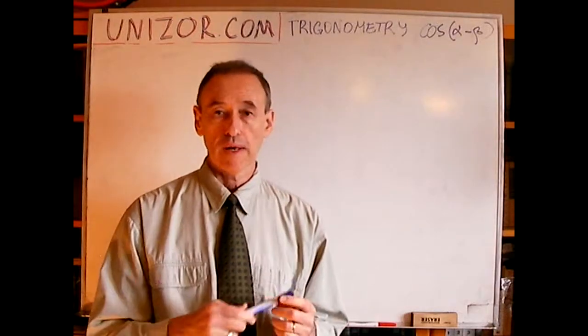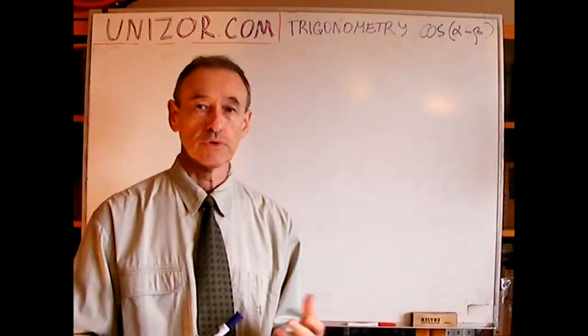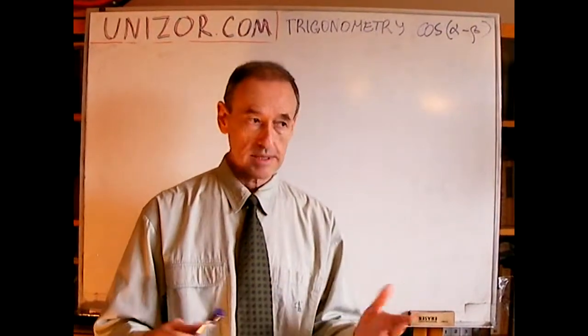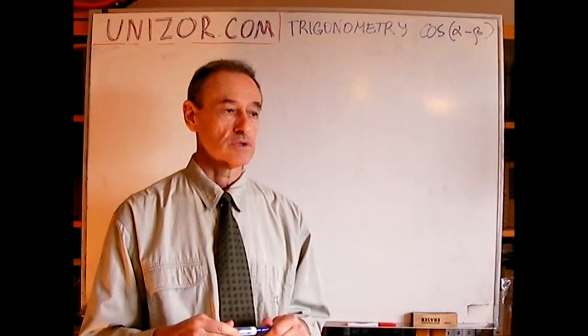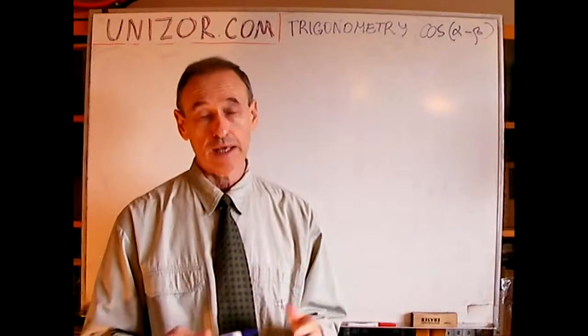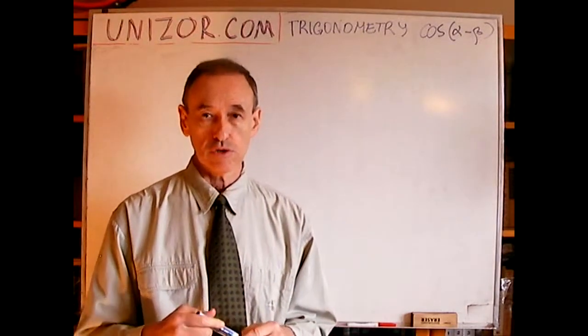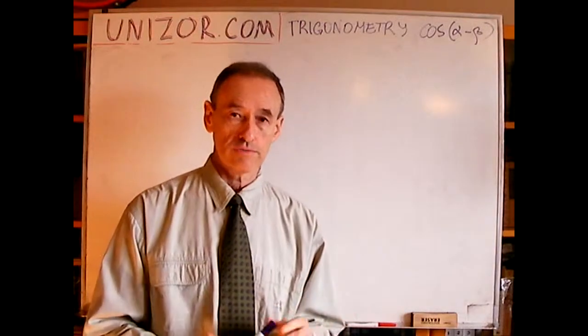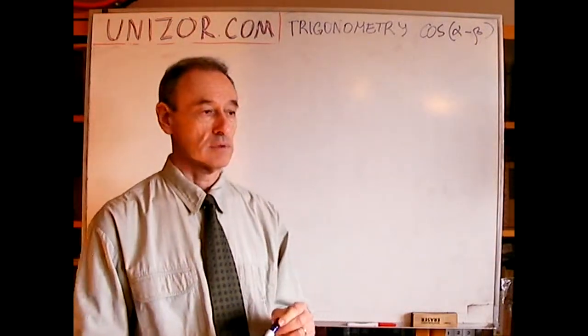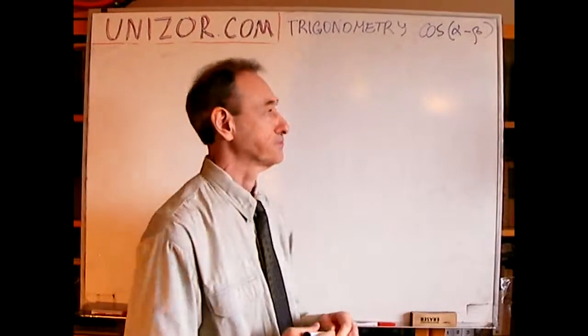So what I'm trying to do right now is prove this formula for basically any angles. Obviously, it might involve a couple of special cases, but still, the approach is very general, and that's what I'm going to present to you.